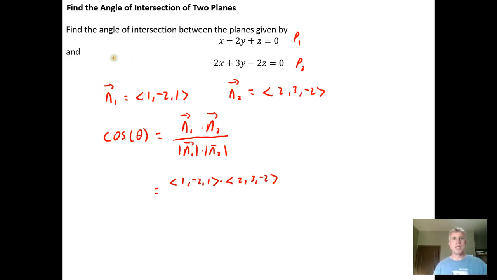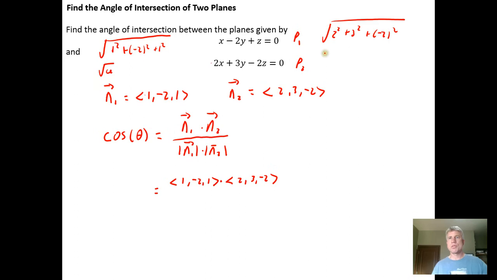The size of n sub 1 is just going to be the square root of the sum of the squares of the vector components, which is 1 plus 4 plus 1, the square root of 6. And for this vector, the size is going to be the square root of the sum of the squares of the components, 4 plus 9 plus 4, which is the square root of 17.